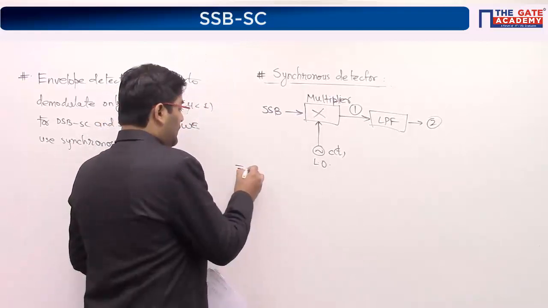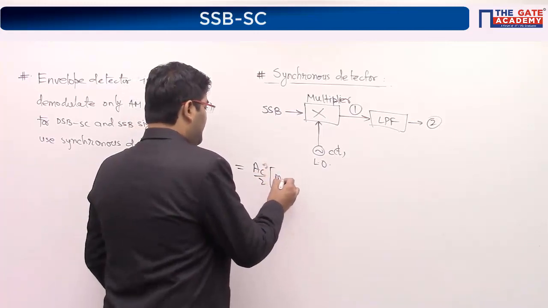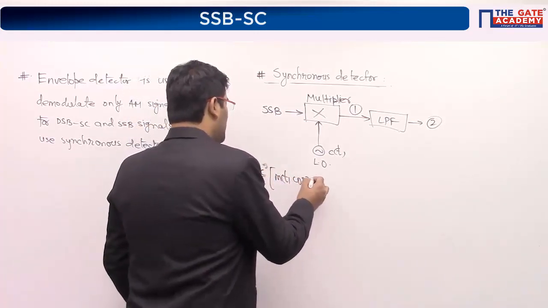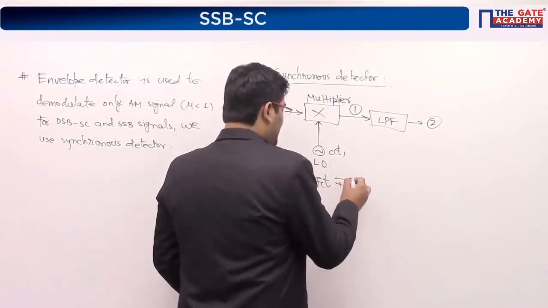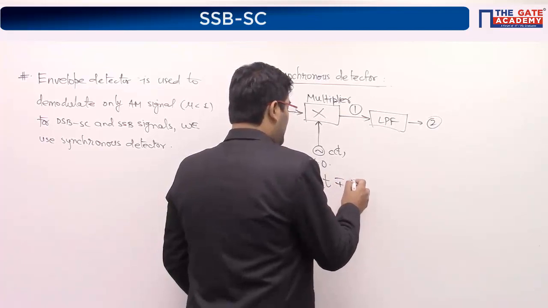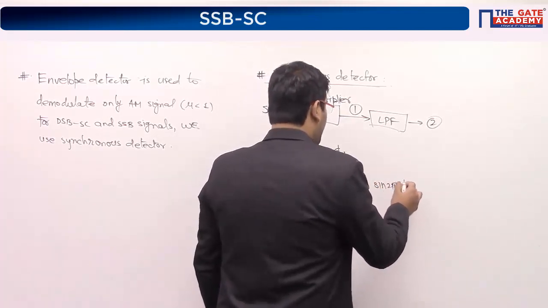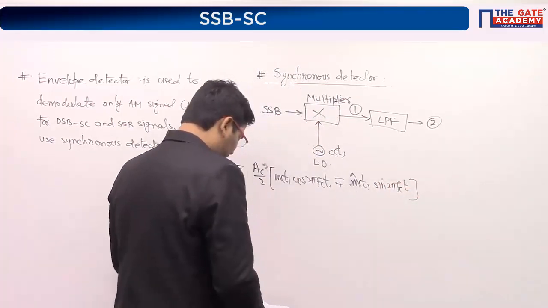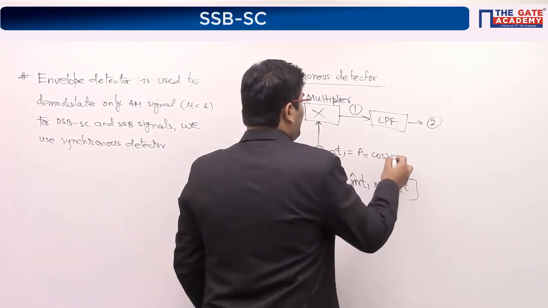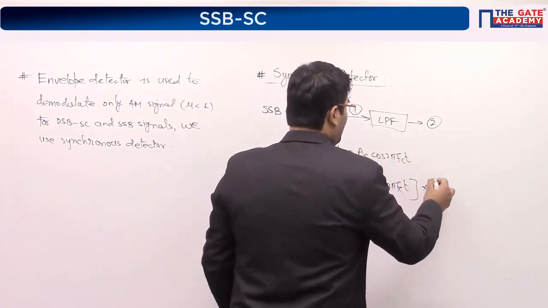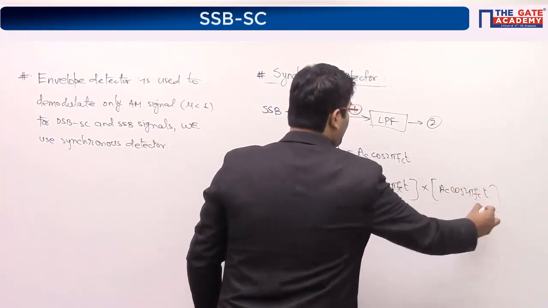Okay, so we have this signal Ac by 2 m(t) cos 2 pi fc t minus plus m hat(t) sin 2 pi fc t, and you are multiplying this with the carrier Ac cos 2 pi fc t. So you are multiplying the whole thing with Ac cos 2 pi fc t.